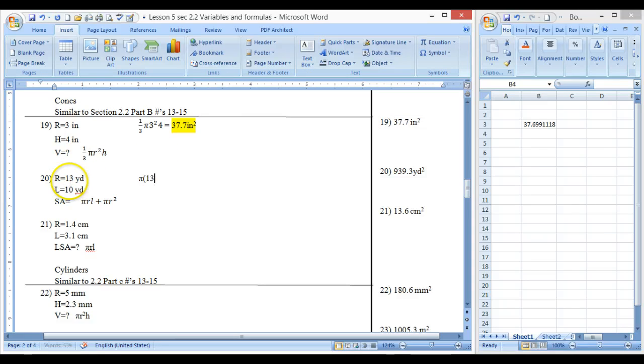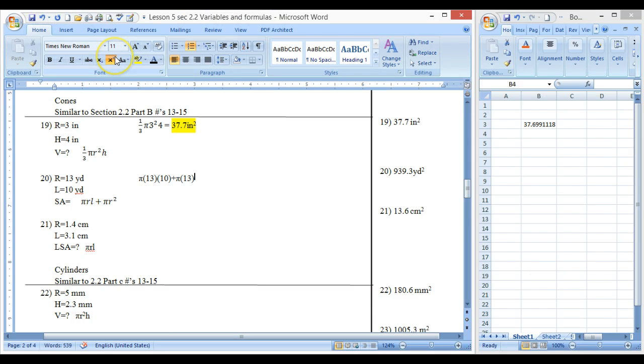R is 13, substituting it in. And then I'm going to do another parenthesis for the L, which is 10, close it, plus pi again. And then r squared, so parentheses, r is 13, and then raise it to the 2.